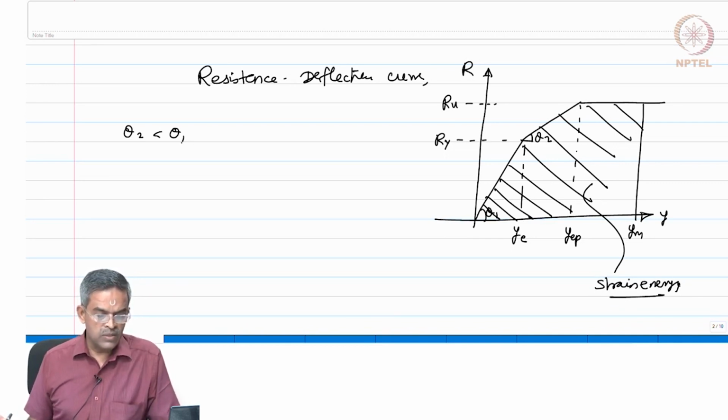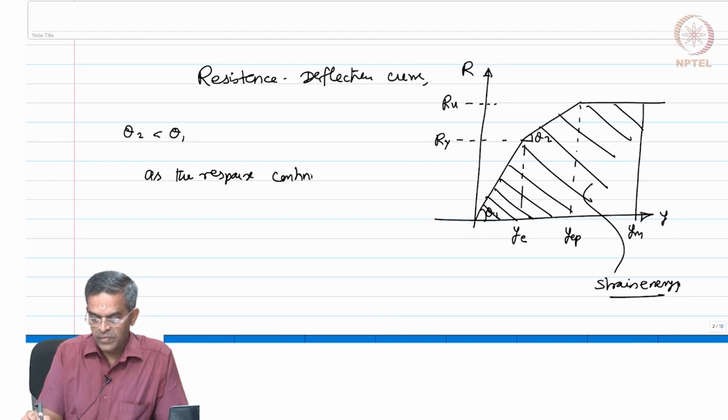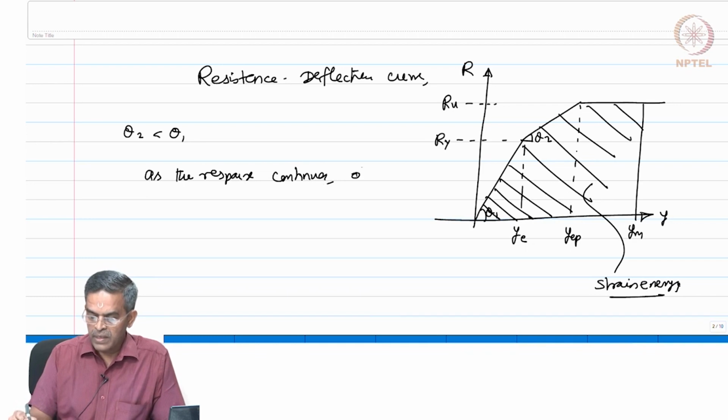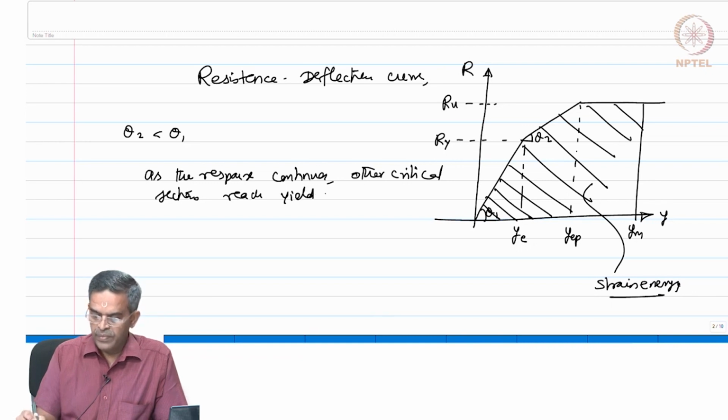As the response continues, other critical sections reach yield value, and that will cause formation of additional plastic hinges.